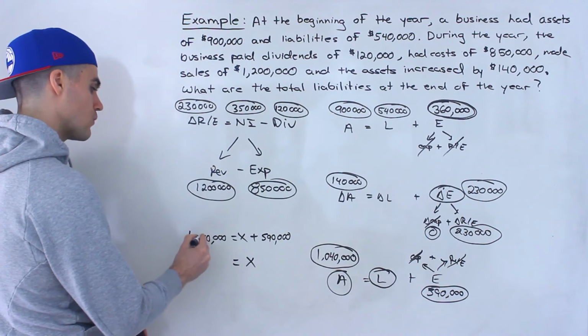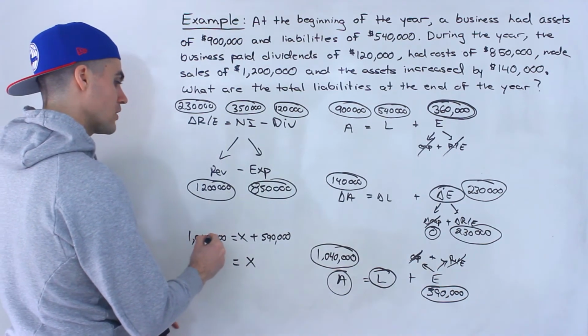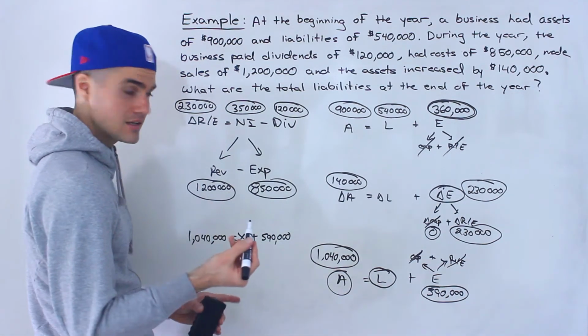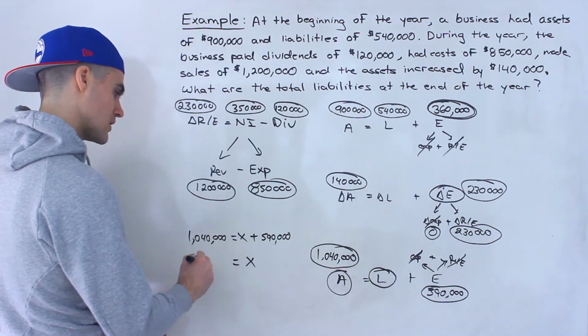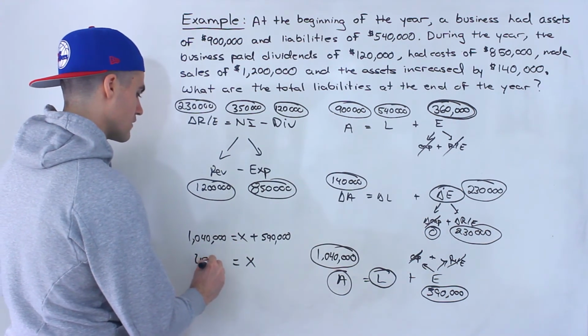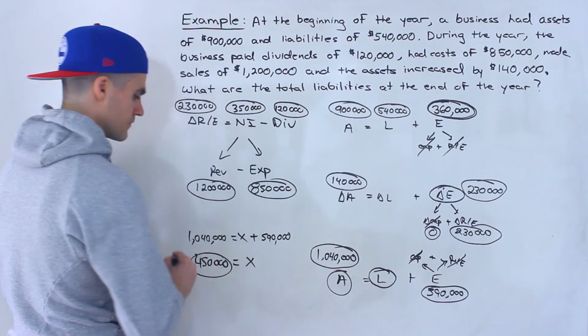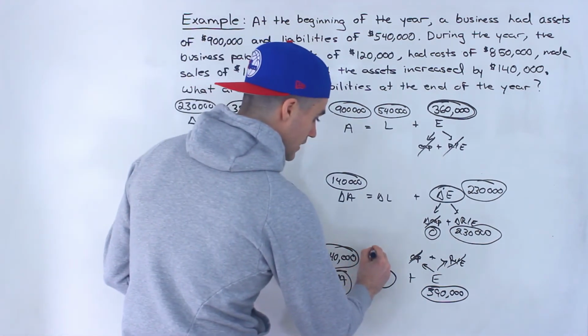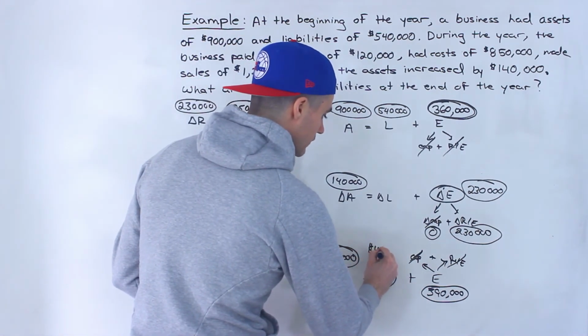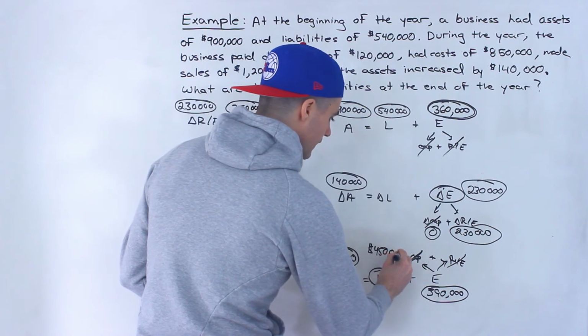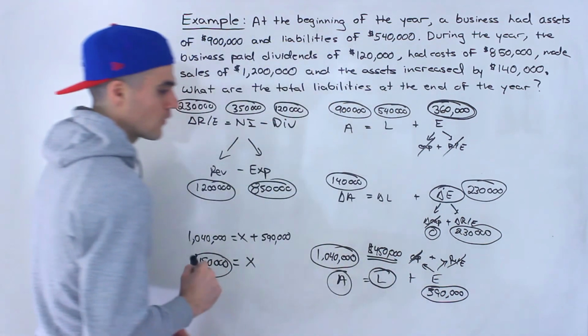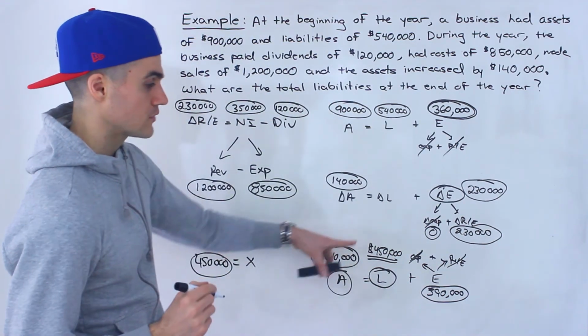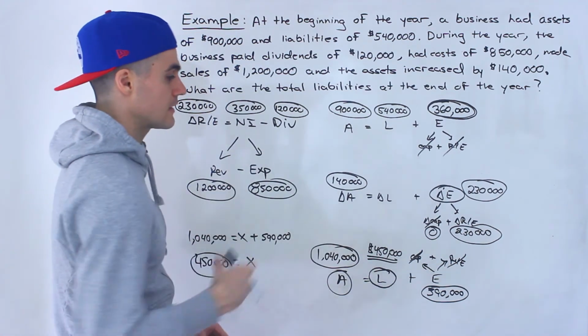So the X would equal 1,040,000 minus 590,000, which would give us 450,000. And that ends up being the final answer. We got the 450,000. That's what the total liabilities at the end of the year are.